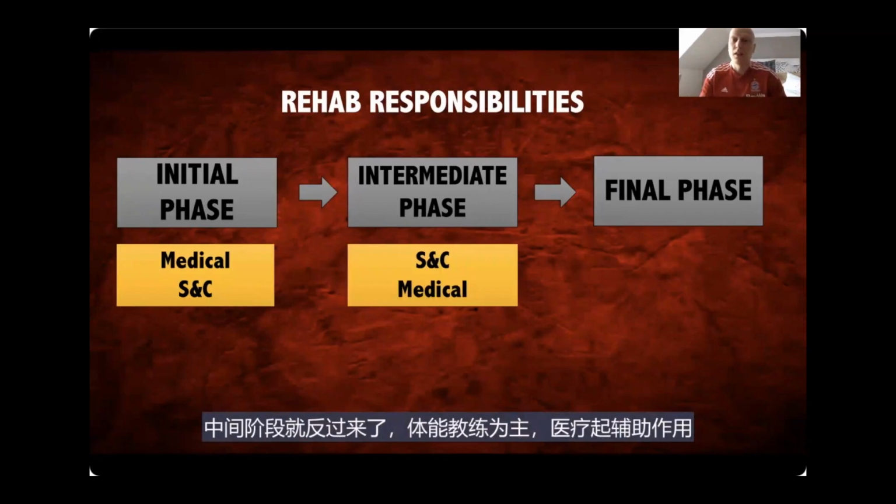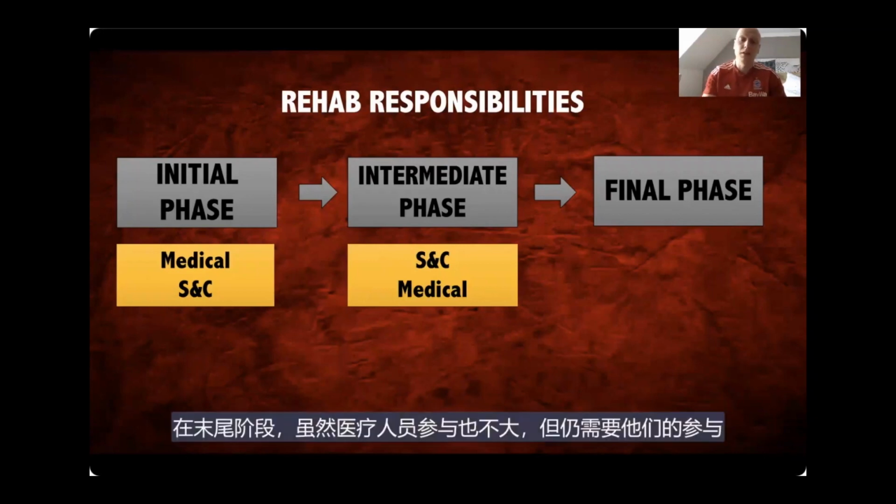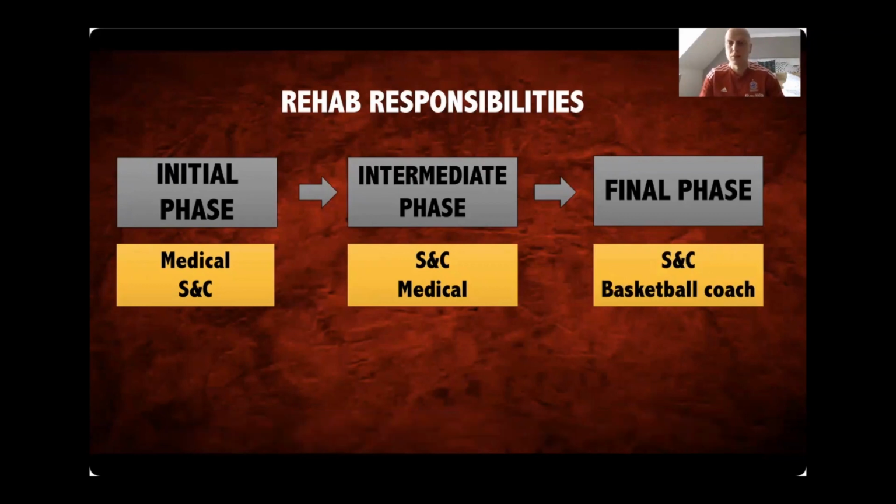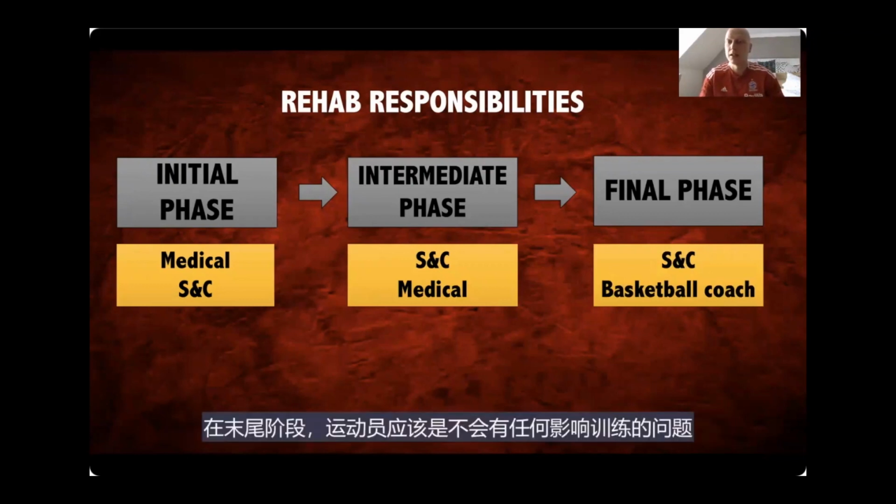During the intermediate phase, it's a little bit different. Strength and conditioning coaches will take over the process a little bit more, and then medical staff is there to support. And in the final phase, of course, we always have to communicate with the medical department, but basically, in this final phase, they don't work with the player as much as they did before, because we expect that in the final phase, players are injury and pain free, so there is no problem to train well.